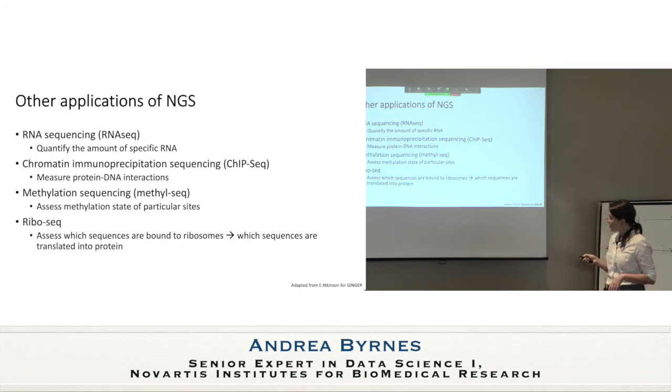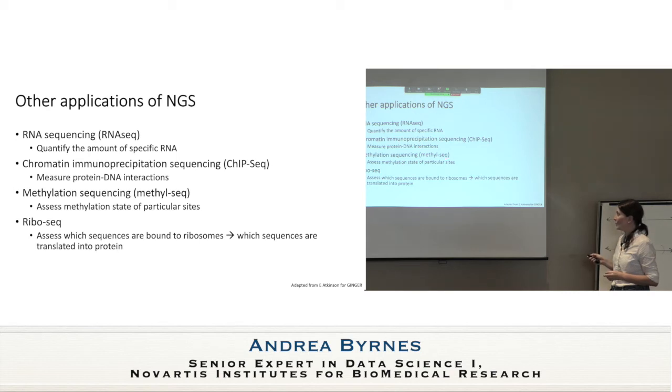All right, so there are a lot of other applications for next generation sequencing. My favorite is definitely RNA sequencing, which I'm going to walk you through a little bit here. There are ChIP-seq experiments where you can only sequence the RNA that's bound to a specific protein or a specific molecule that you're interested in.